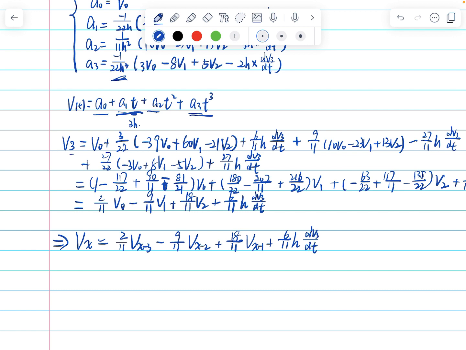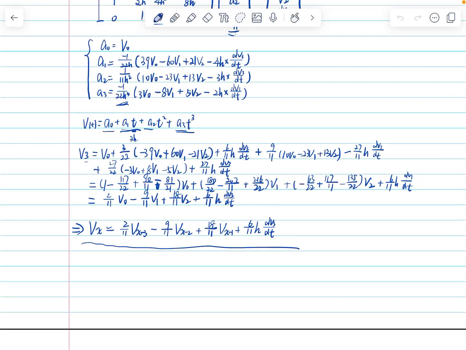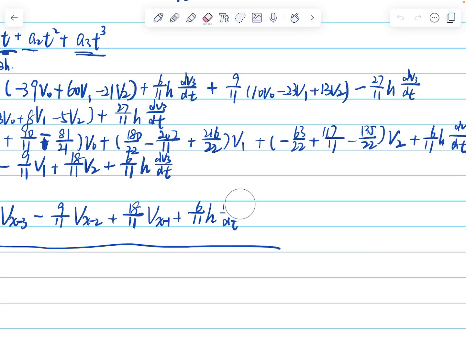Okay, and there you have it. This is the differential equation for the third order Gear's method integration formula, right? Oh, here's this mistake. Here should not be dV3, so it should be dVx/dt.